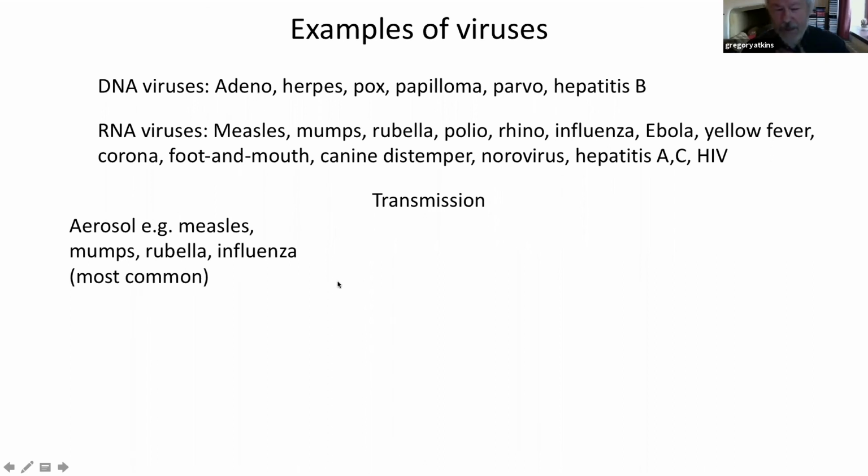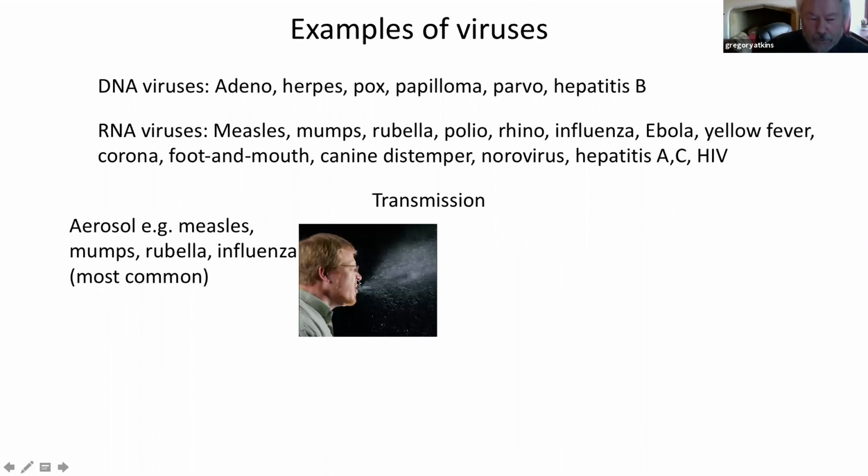How are they transmitted? Well, by far the most common way that viruses are transmitted, and there are very large numbers of viruses transmitted in this way, is by aerosol. And I don't think I've put it on this list, but coronavirus is transmitted, we think anyway, mostly in this way.